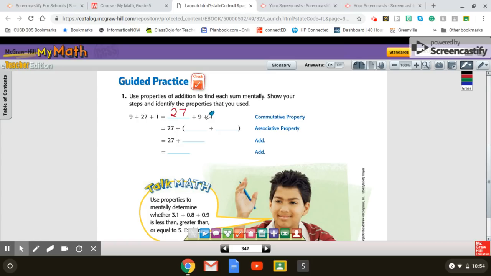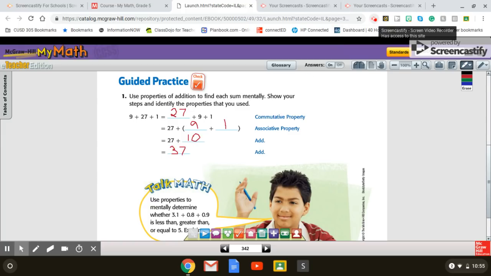Now they're going to group together the 9 and the 1 using the associative property, put those in parentheses, so we know we're going to add those together first, which makes it easier because 9 plus 1 we should know is 10. And then if you do 27 plus 10, you should get 37. So 37 is going to be our answer.